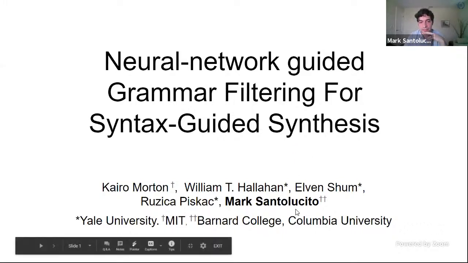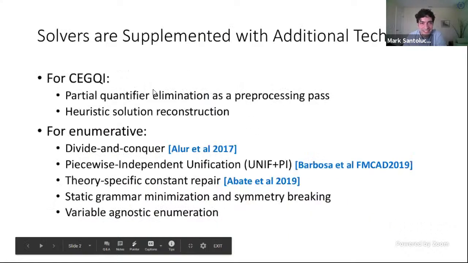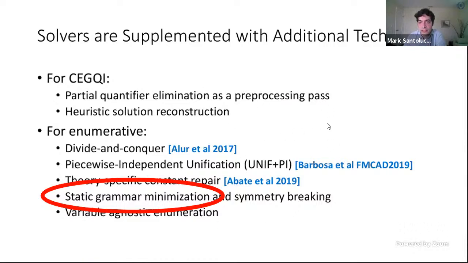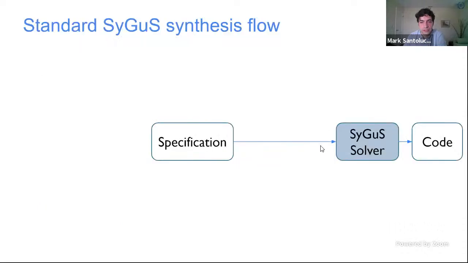This is joint work between myself, my advisor Ružica, my office mate Bill, and two wonderful students who are now undergraduates. So we just saw Andy's slide here, and he mentioned that static grammar minimization is one aspect where there's some space for optimization. So I'll talk about grammar minimization in the context of using machine learning.